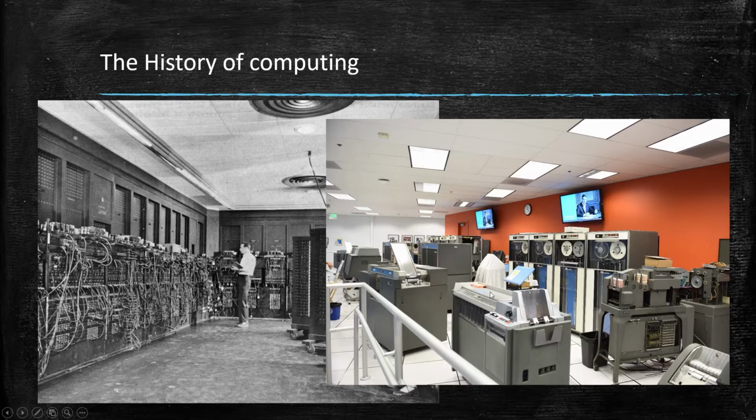On the right here, we can see the actual first widely used computer, which is the IBM 1401. That one was introduced in late 1959, and it was a transistor computer, so it didn't include valves anymore.